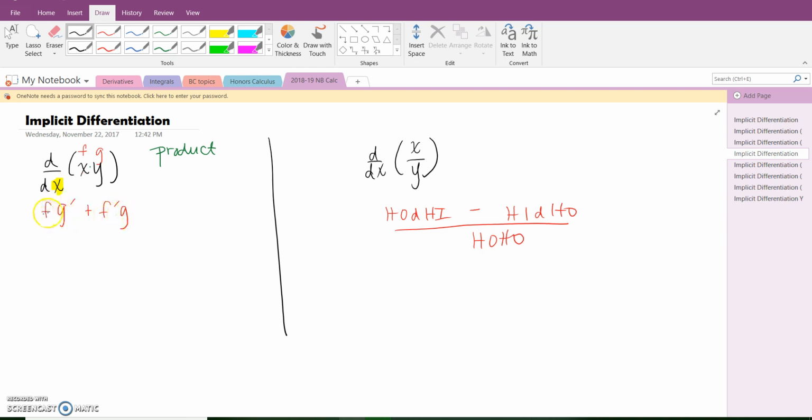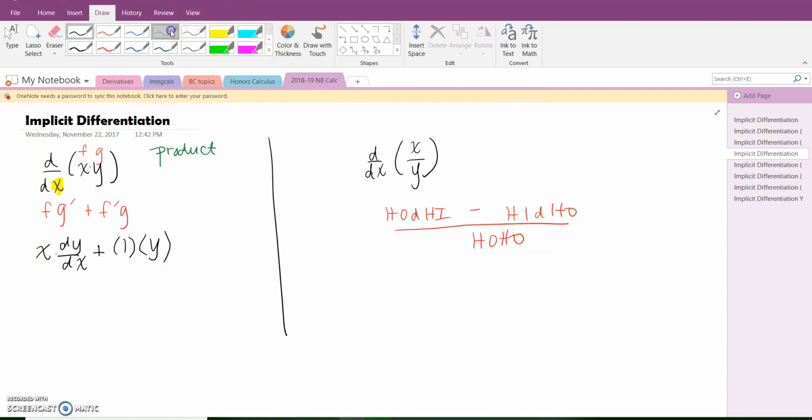And again, the order does not matter here. I'm just going to do regular f first. So I'm going to put the x down. Then I multiply by g prime. So the derivative of y is 1 times derivative of y with respect to x, dy dx. Then I'm going to add, and I'm going to multiply by f prime. So the derivative of x is just 1. Don't have to put dy dx after because x and x match. And then just put g, so y.